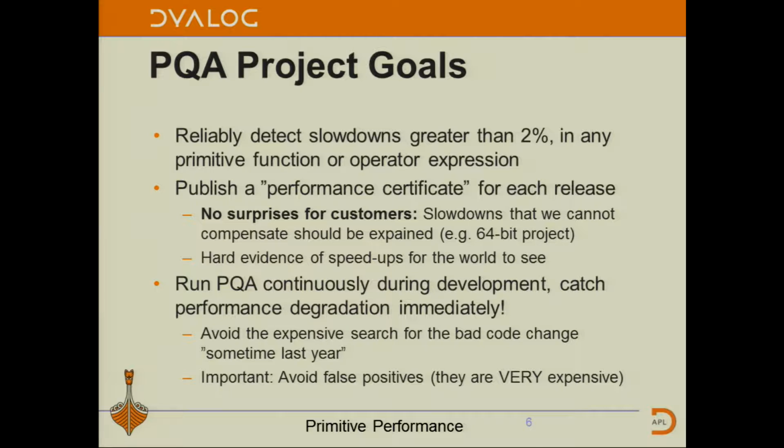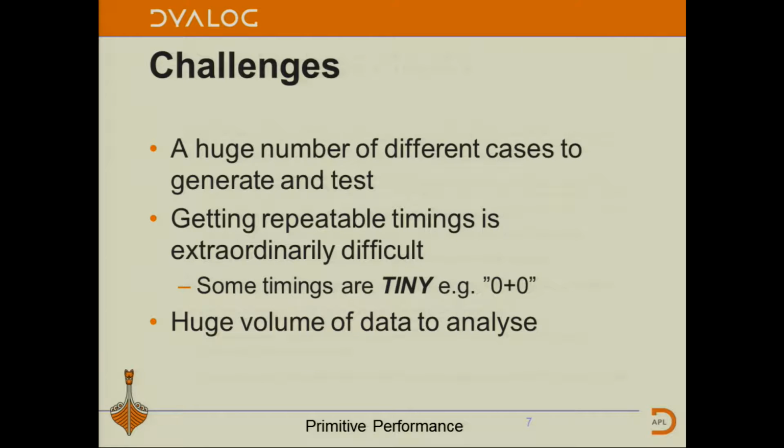And then ideally, we also want to get to the point where maybe every night this thing runs, every time the system is built, we get a little report telling us whether the latest check-ins slowed things down or speeded them up. This is quite challenging because there's a huge number of different cases to test. And what we found when we started doing any measurements is that getting repeatable timings, reproducible numbers, is almost impossible.